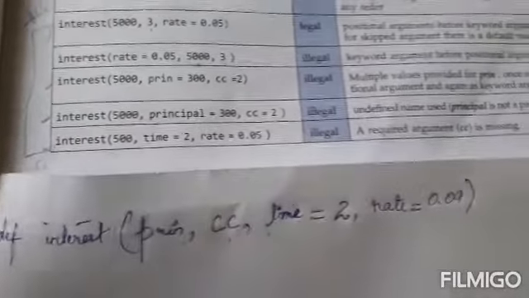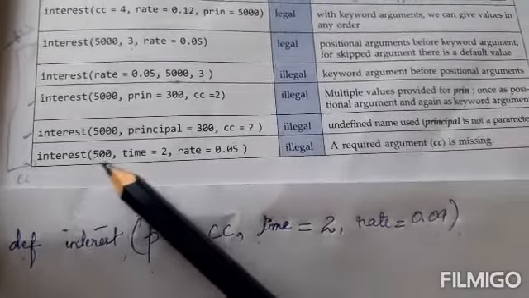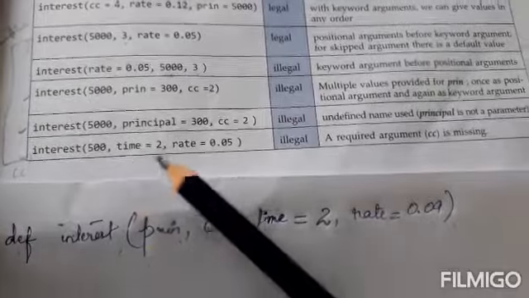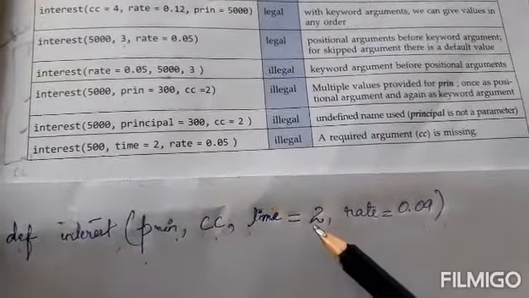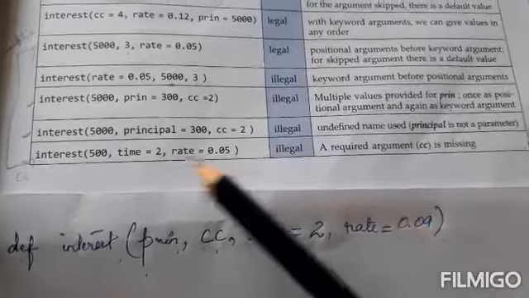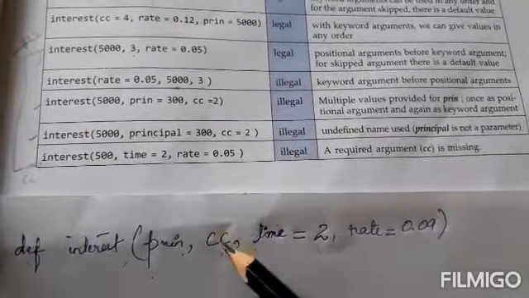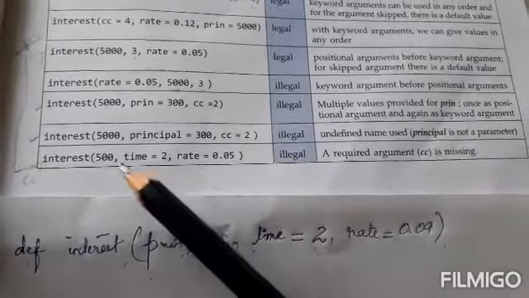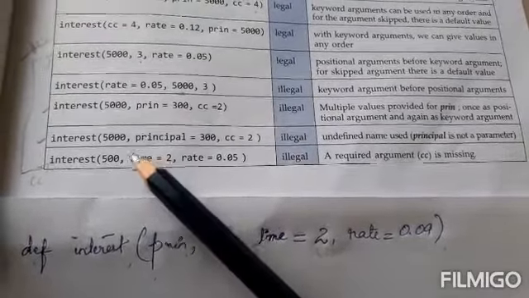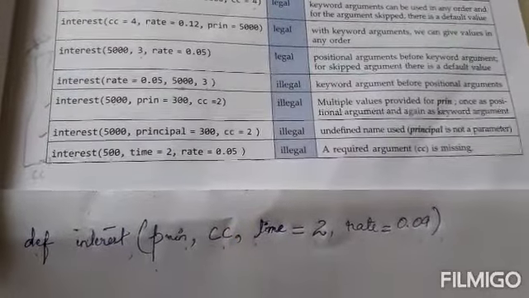And the next one is regarding the interest. Here, 500, you're passing it as principal. Time here is 2, which is already given. Rate is 0.5, so this will be overwritten. Now see, the CC value is not assigned here. Like I've already mentioned, it has to be passed from the function call, then only will we be able to carry out the operation in the function body.